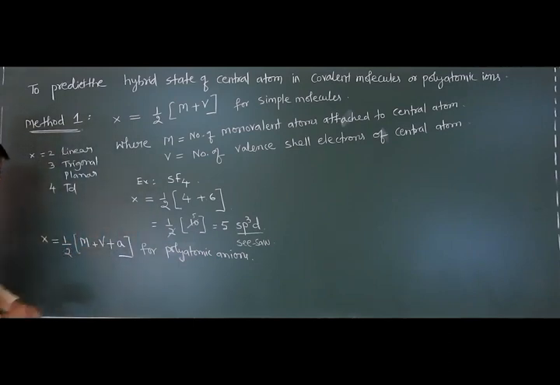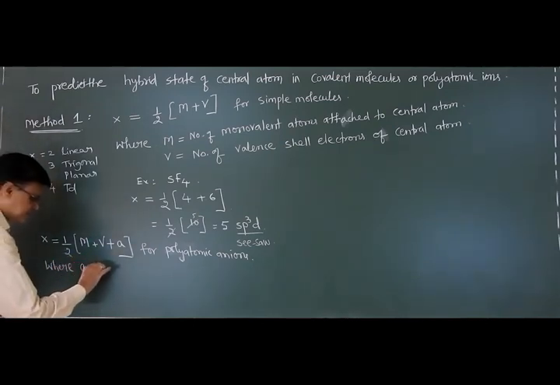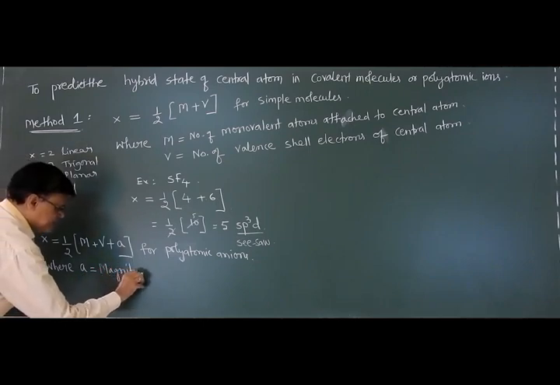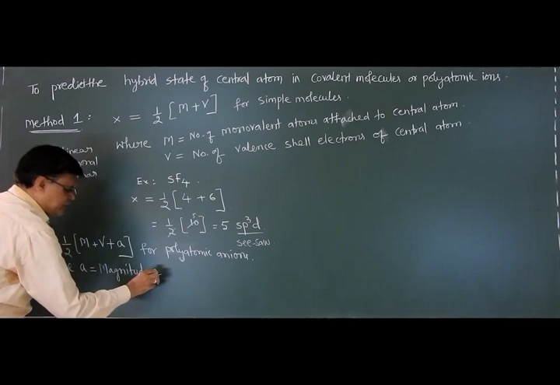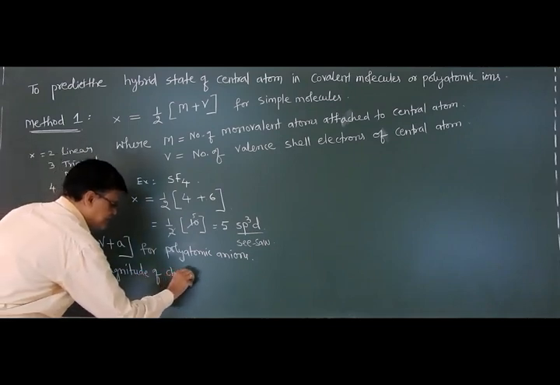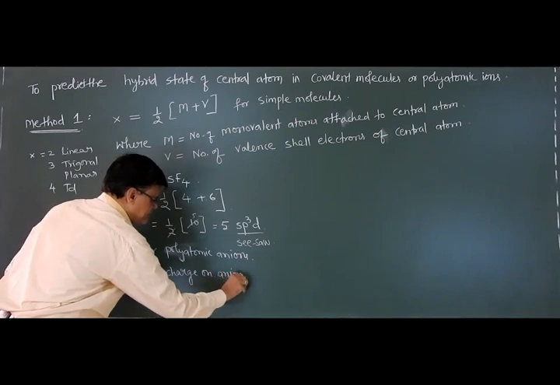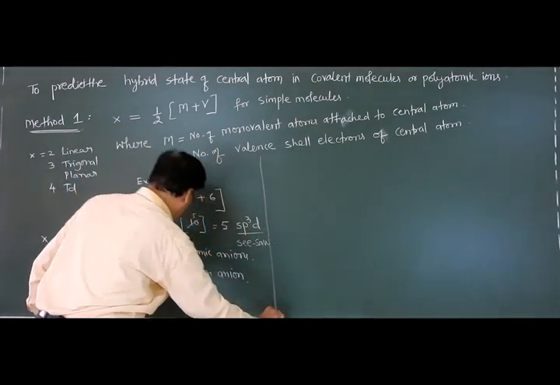Where A equals the magnitude of charge on the anion. Magnitude of charge on anion.